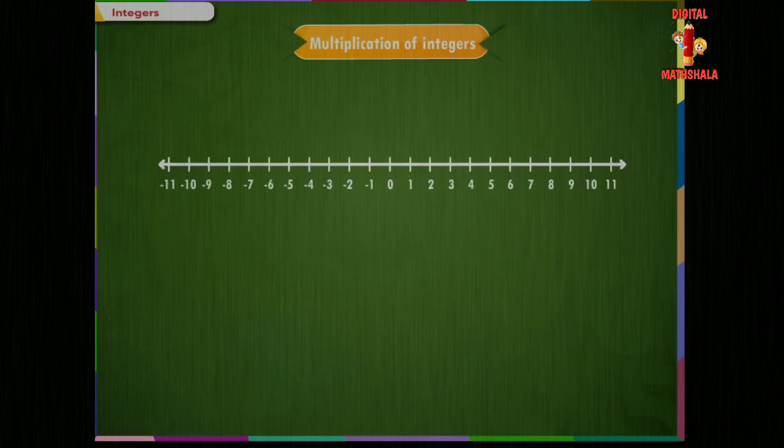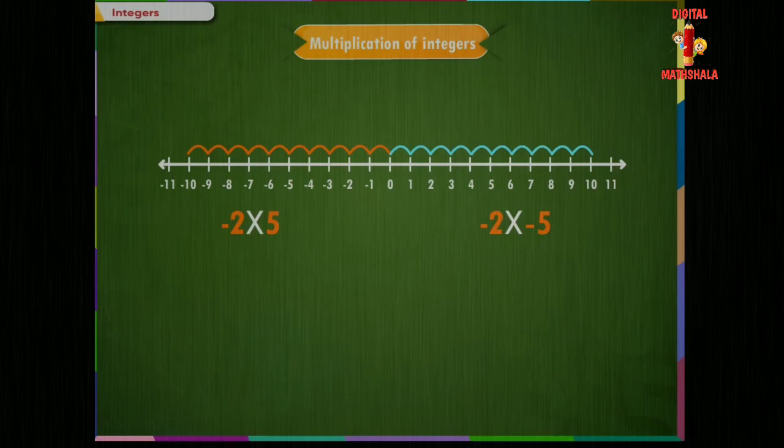Had we been given the problem like this, minus 2 into 5 means minus 2 added 5 times to reach minus 10. But since we have minus 5 here, we start at 0 and jump 5 times towards the right direction in this way. So we reach 10.